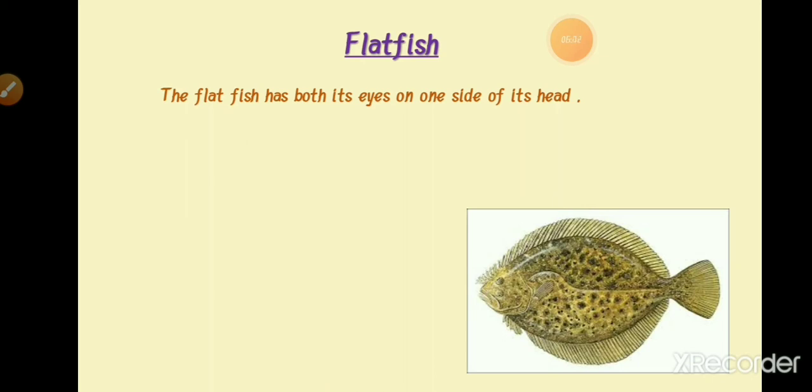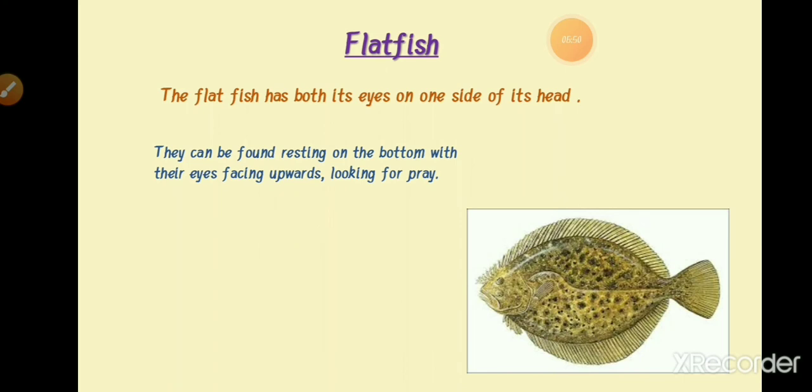But flatfish has both eyes on one side. They can be found resting on the bottom with their eyes facing upwards looking for prey. Generally it does not swim much and always looks upward in search of its food.